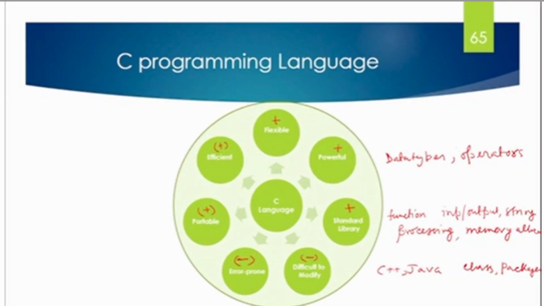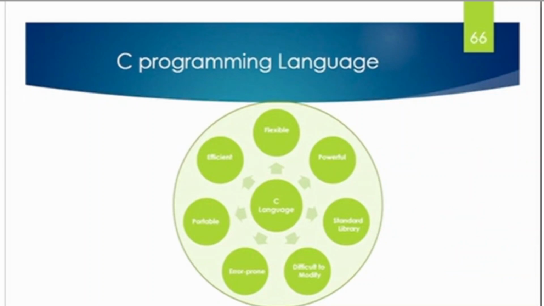There are a few things which are bad here as well. And in fact if you choose any other programming language, definitely you will get some features which are good and some of them, very few of them, are bad. Now based on your requirement we need to choose the language, but it is for sure you cannot find a single language where you have all the benefits without any drawbacks.